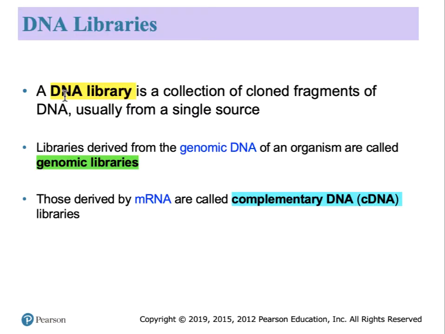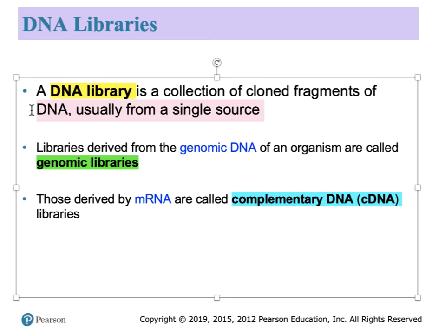A DNA library is simply a collection of cloned fragments of DNA, usually from a single source, so from a single human being or from a single tissue within that human being. These libraries, because they're called DNA libraries, are derived from genomic DNA by default. That includes all the DNA within the cell, and this should include mitochondrial DNA if it's from an animal cell.